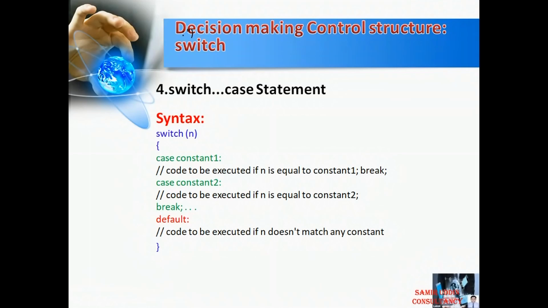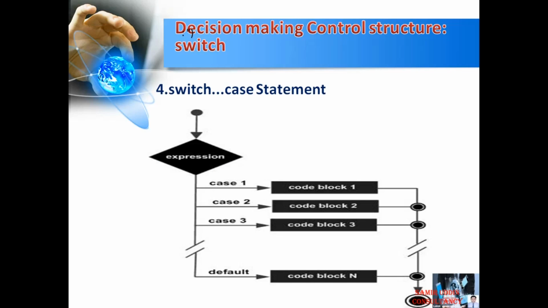So let's take an example to demonstrate switch case properly. Before that, here you can see the flowchart. According to the test expression, the bodies of the switch cases will be executed. Suppose no cases match the expression, then only the default case will be executed and the program will terminate.